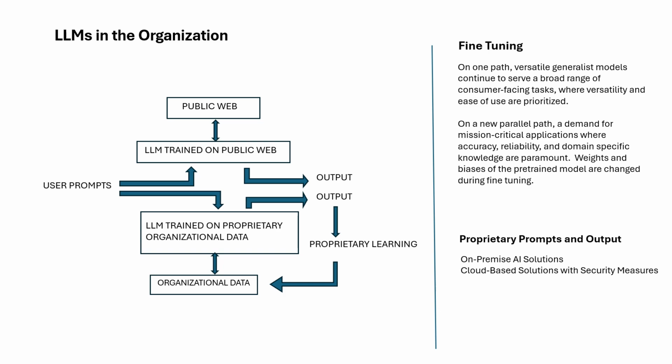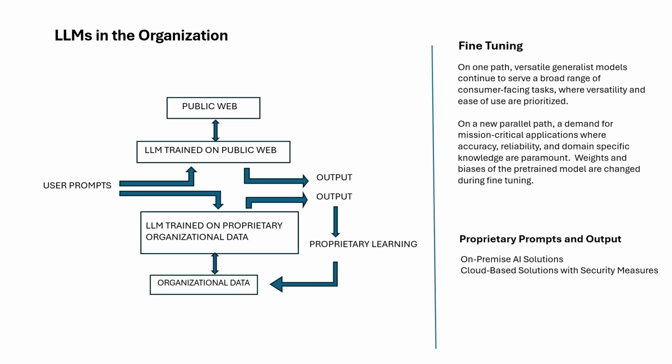And that falls under the heading of fine tuning. On one path, there are generalized models that are being built, and they continue to be fine tuned with public information. And that's what ChatGPT or Gemini would basically be.